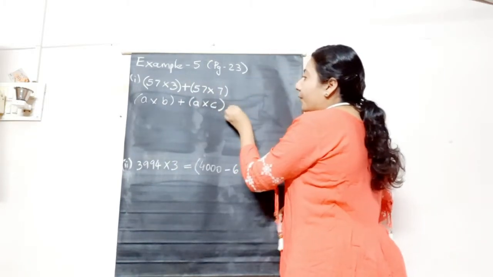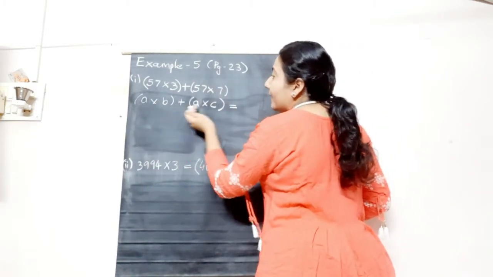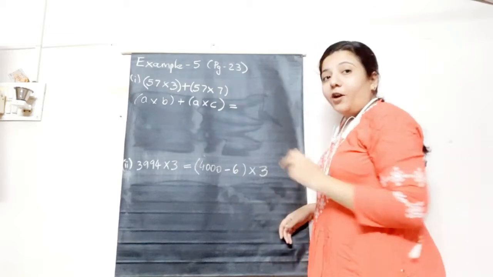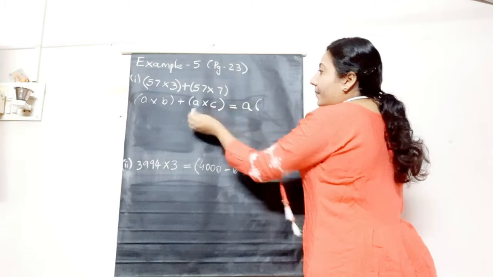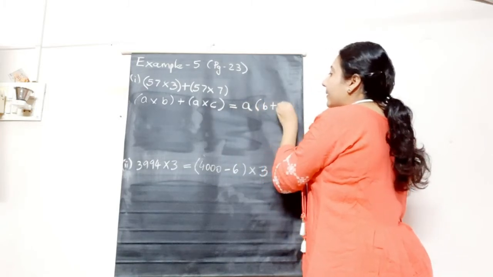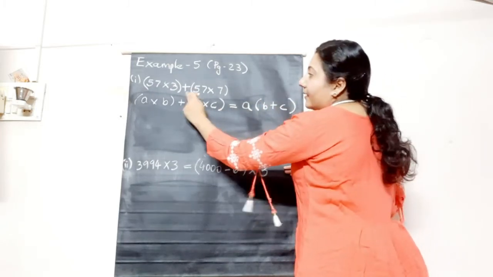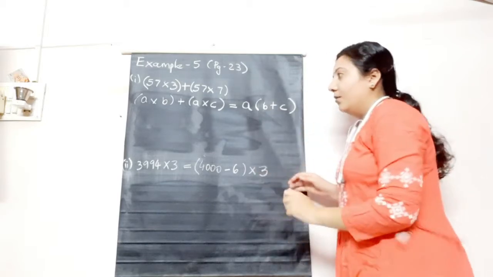So we have the formula: if A multiply B plus A multiply C is there, then we take A common and what will remain inside is B plus C. As plus is here, it will come here also.